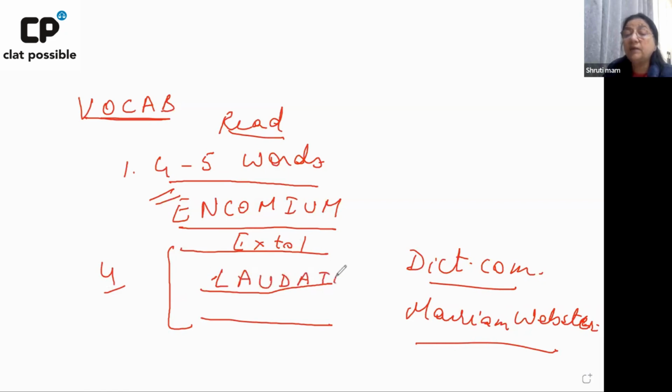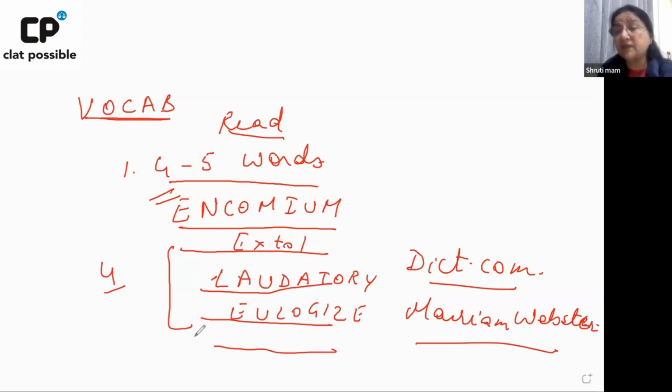I can equally prepare another word, panegyric, which is extreme praise, or I can do eulogize. I'm just giving you an example. This was the word I found in my reading. I prepared 4 more, and then for this word I have a sentence ready.